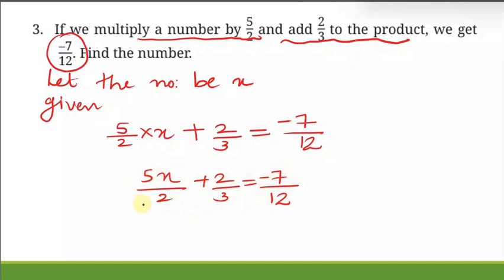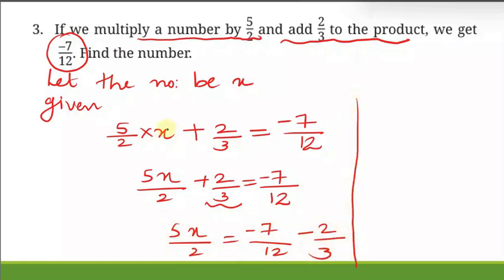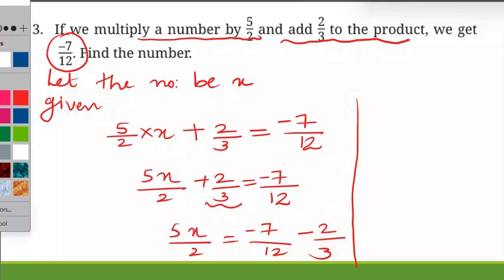Now you have to find the value of x, so you can take the 2 by 3 to the right side. You will get 5x by 2 is equal to minus 7 by 12 minus 2 by 3. Okay, now you can take LCM 12, so you can multiply the second term's numerator and denominator by 4.